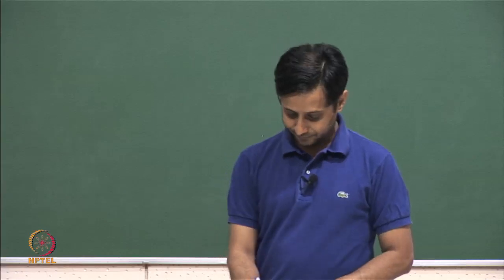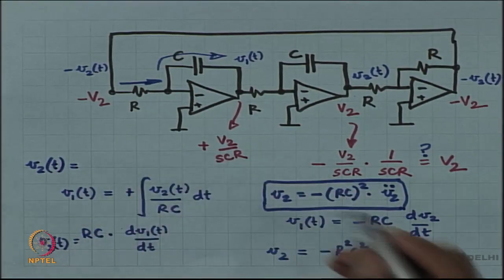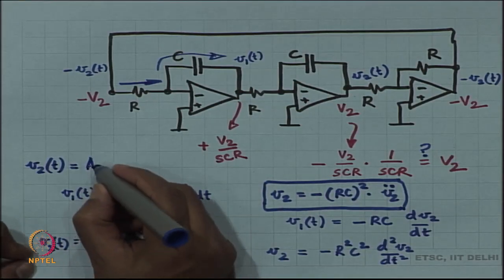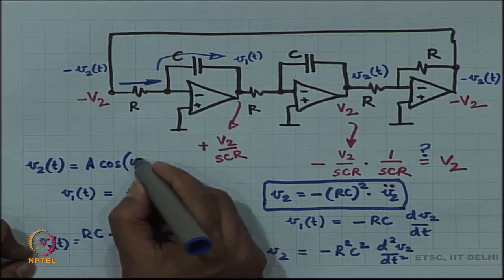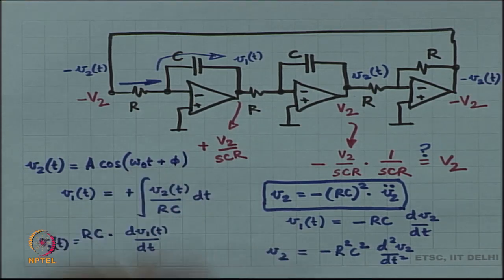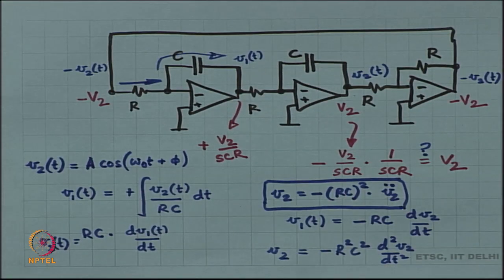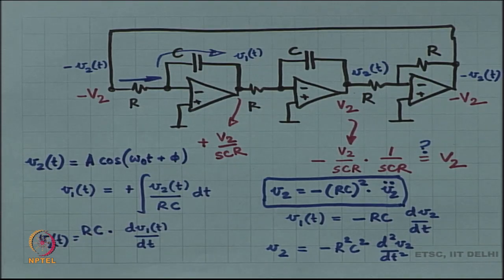So, in other words, V 2 of t is going to be some unknown amplitude times cos of omega naught t plus some unknown phase, where omega naught is nothing but 1 by RC. Any questions so far?